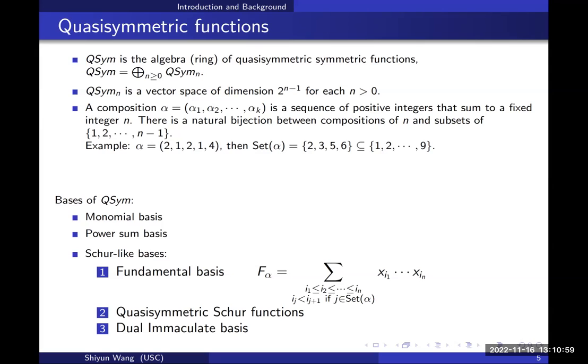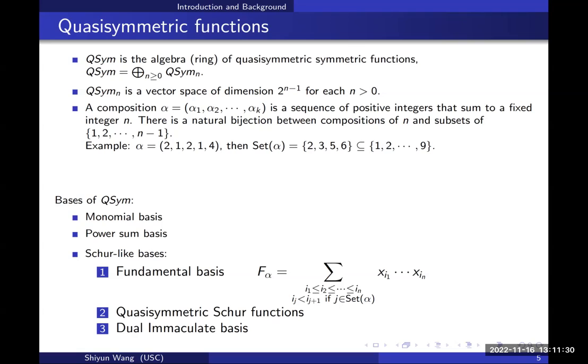Okay, what do you mean when you say Schur-like basis? What properties are you saying this from? I will give you more properties on this basis. They are analogs compared to the Schur basis in the symmetric functions, so that's why we call it Schur. But analogs in what way?